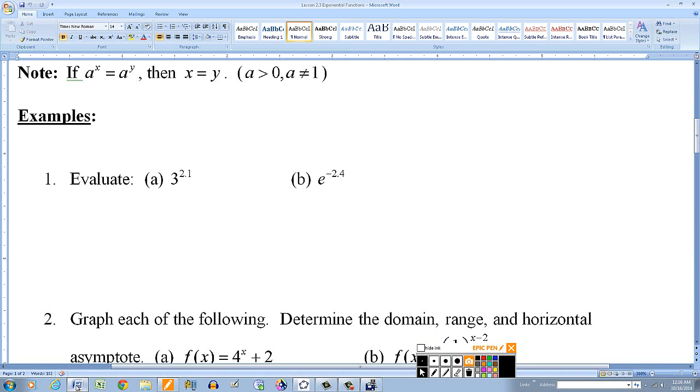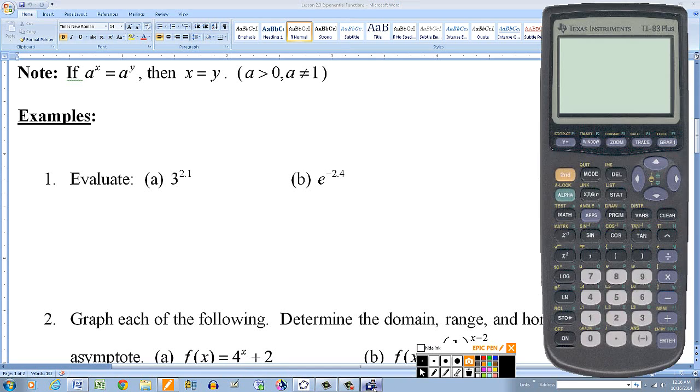Okay, so we're going to find 3 to the 2.1 power. So this is just a calculator problem. So we enter the 3 and then exponent, and that's 2.1 power.